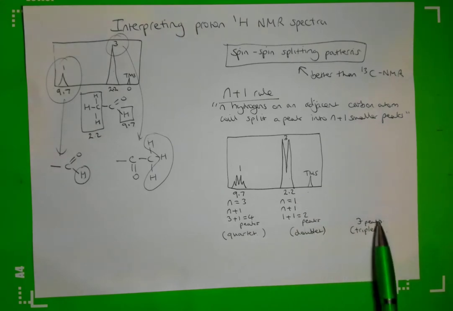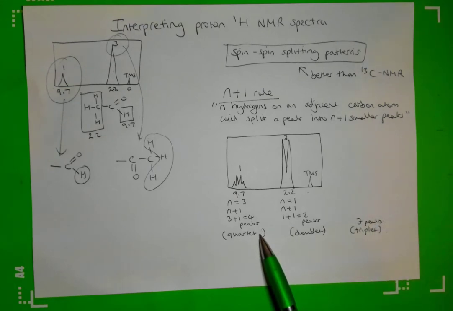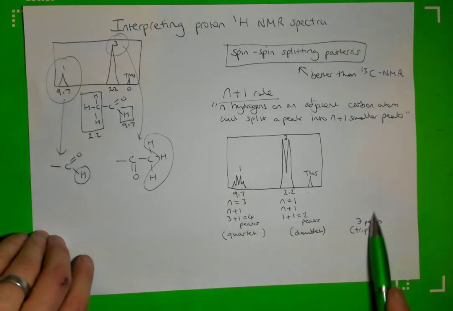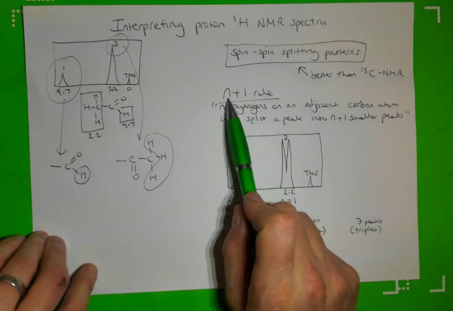Triplet, which is 3 peaks, which means that there's 2 adjacent hydrogens. And quartet, which means it's split into 4 peaks, which will be 3 adjacent hydrogens. Okay, let's do another example. So that's quite a complex rule. Remember, it's the n+1 rule, not the n rule.